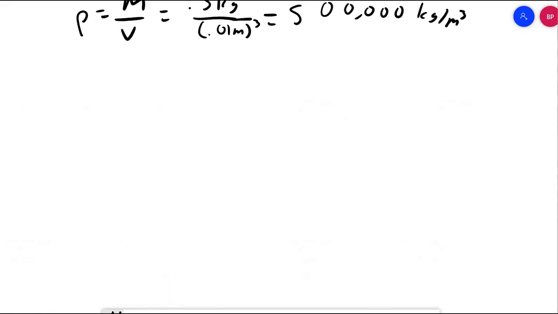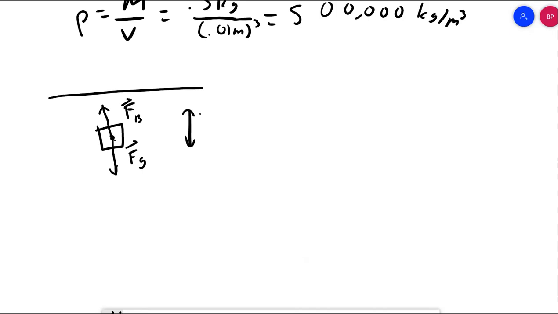Before we just start plugging stuff in, let's draw a free body diagram. So our cube here is placed in the water and it's sinking. It still has the same forces on it: gravity going down, and the buoyant force going up.